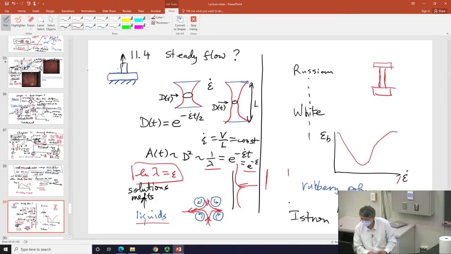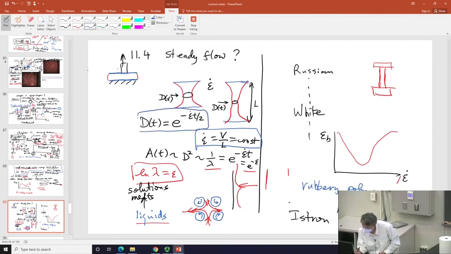What's different if I tell you the way I perform the experiment on the left, keeping this condition, is I make sure that my diameter changes with time like this. Right? Because if it does so, then I claim that I'm doing uniaxial extension.